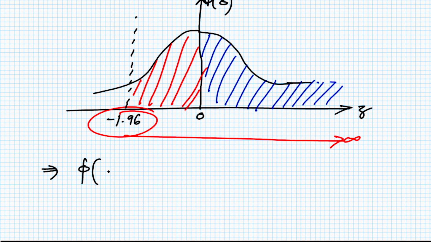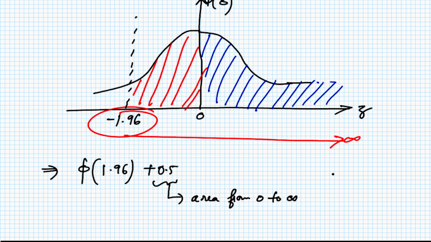Phi of 1.96, whatever value you get from the table, plus 0.5. This 0.5 is the area from 0 to infinity. I think phi of 1.96 is the answer which many of you gave first. That is how much? 0.4750 plus 0.5.